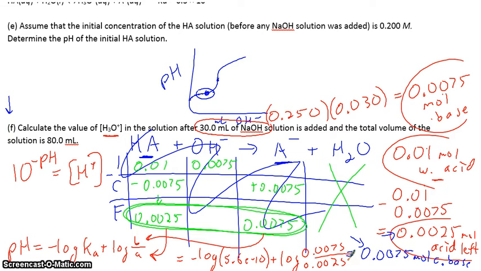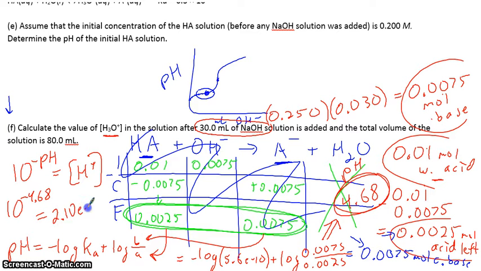If you compute all this, you will get a pH of 4.68. Since you know the pH is 4.68, you can now do 10 to the negative 4.68, and you'll get a final concentration of 2.10 E negative 5. This is now molarity in the end. So this is the final answer.